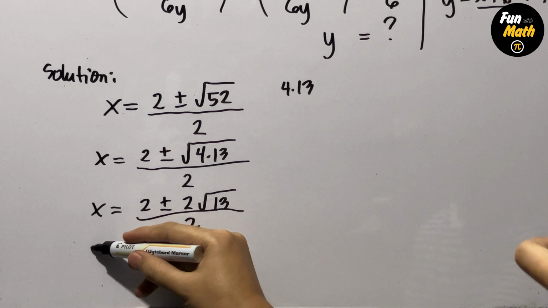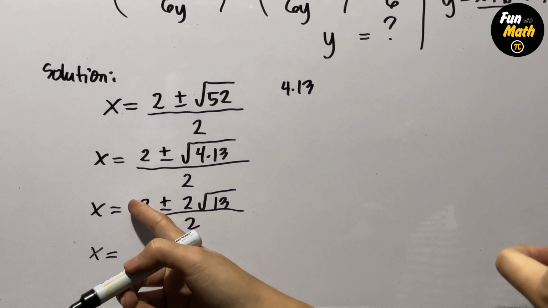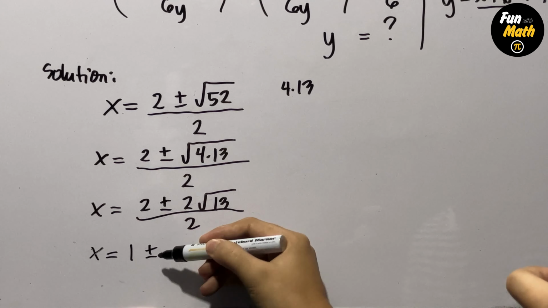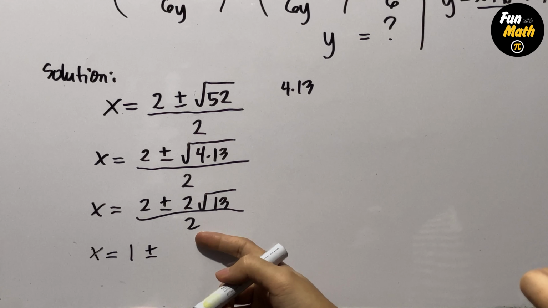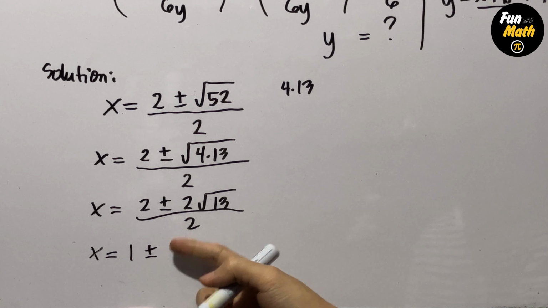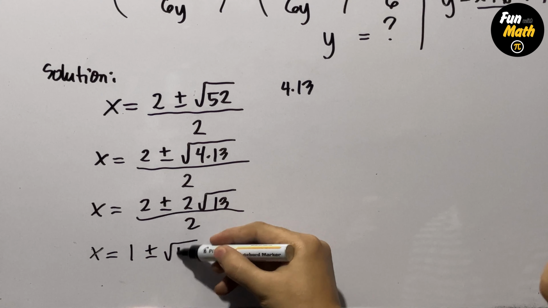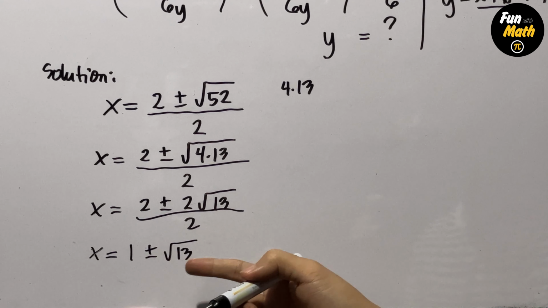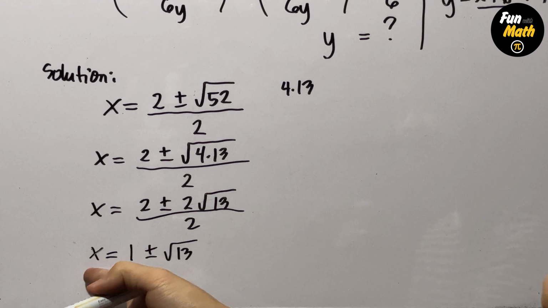And then x is equal to 2 divided by 2, that's 1. Positive negative 2 divided by 2, that's also 1. But we can write it without 1, so just square root of 13. So 1 positive negative square root of 13 is the value of x.